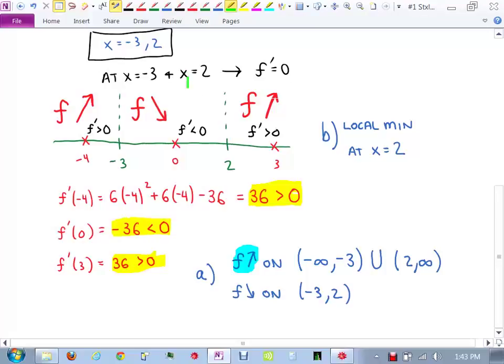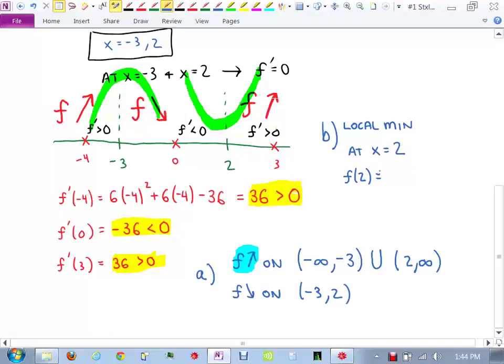Remember, my graph is going down, then it has to go up. Over here, it was up, then down. So I should have a local minimum at x equals 2, but I would actually like to know what that local minimum value is. How would you figure it out? Plug it into the original function.